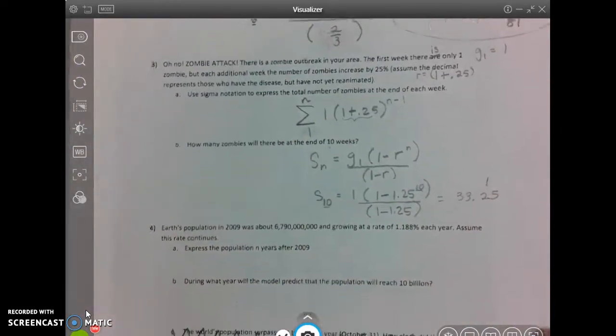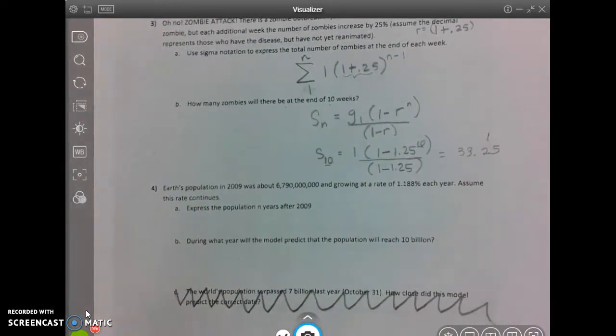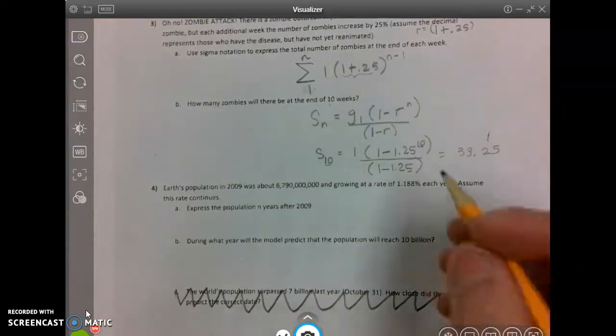Let's look at number 4. The Earth's population in 2009 was 6,790,000,000 and growing at a rate of 1.188% each year.